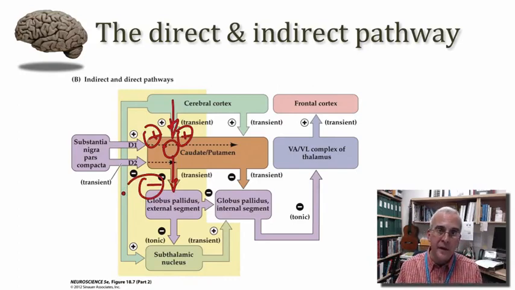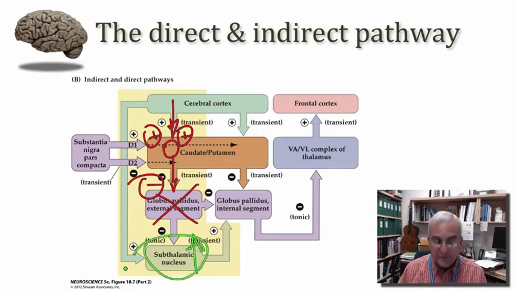This means that the tonic inhibition of these cells in the external globus pallidus is transiently suppressed. Well, when that happens, then we expect there to be an increase in activity in the subthalamic nucleus. So in the indirect pathway, it's the subthalamic nucleus that is disinhibited.